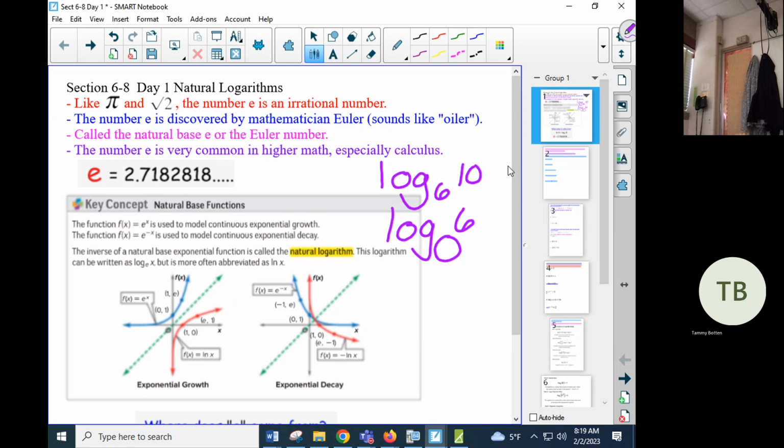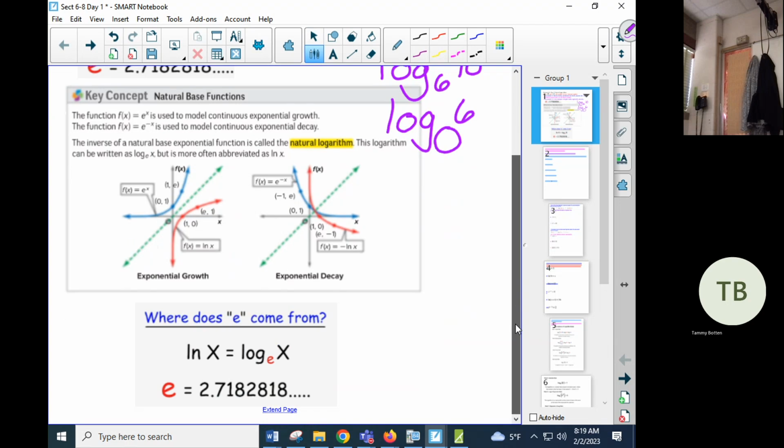But E is a number that we use with logs. And the reason is there is something that is called a natural log that we're going to use today. It looks like this. So ln, it's a natural log. And when you see something like this, a natural log is log base E. And so one of the things we'll be doing today is switching from natural log to exponential form and back. Okay, so that will be one of the things.